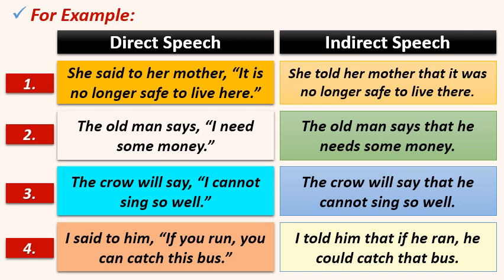Number 5, the conjunction that is used in place of inverted commas. So these are certain changes that you can see while converting assertive sentence from direct to indirect speech. All the rules are already explained in our previous video.